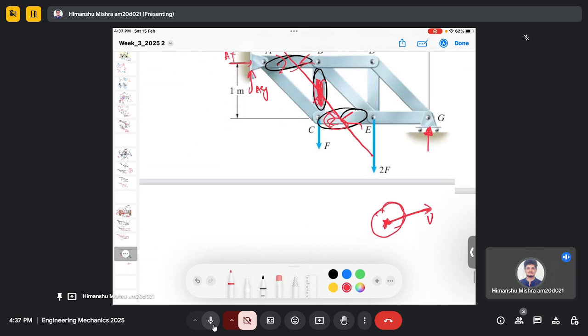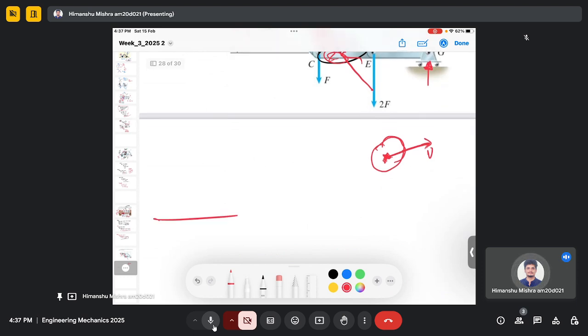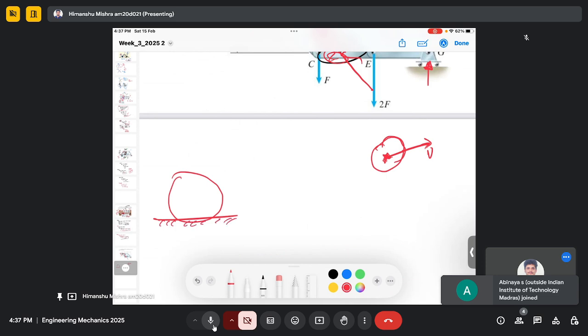Similarly, let's say you have a tire here. This is some wheel or some tire. We assume that there is a point reaction force between the tire and the land, but actually, if the tire is soft, there is a distribution of force which is acting.